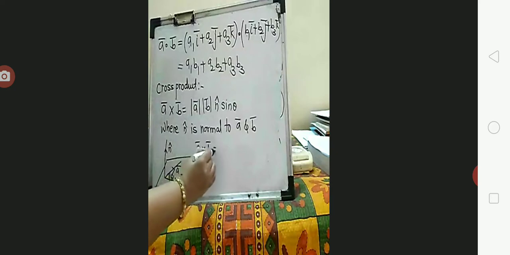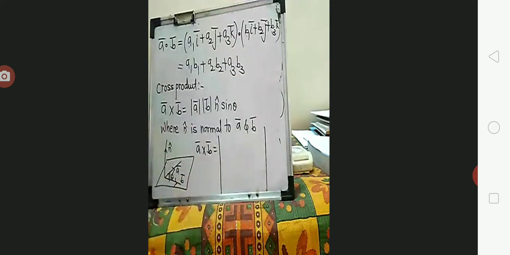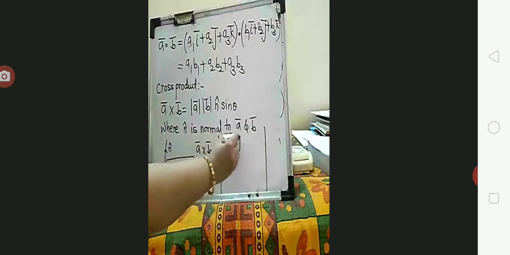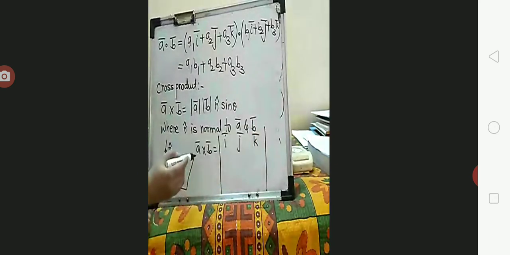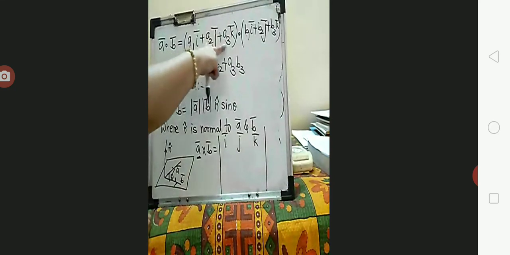So A bar cross B bar, how do you write it in the determinant way? First of all, you write the components I bar, J bar and K bar. Now you write the IJK components of A bar, which are A1, A2 and A3.